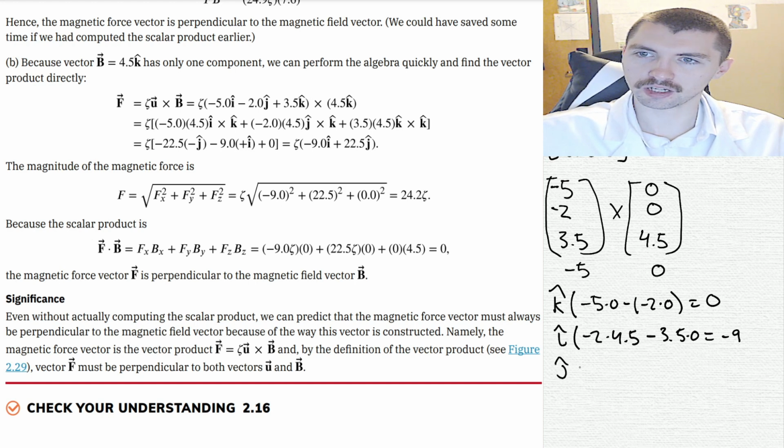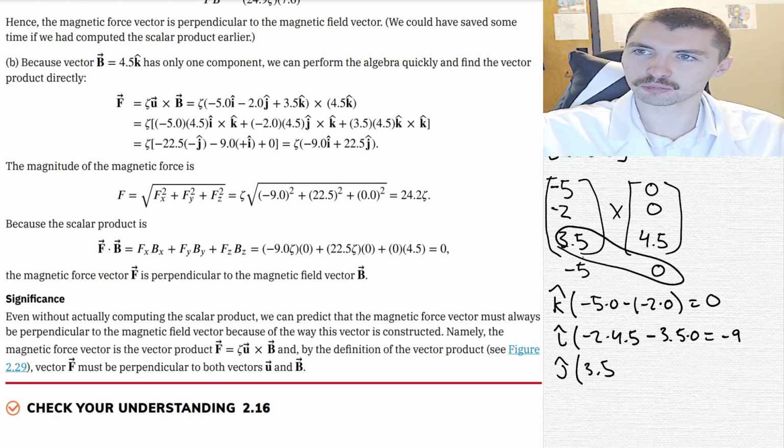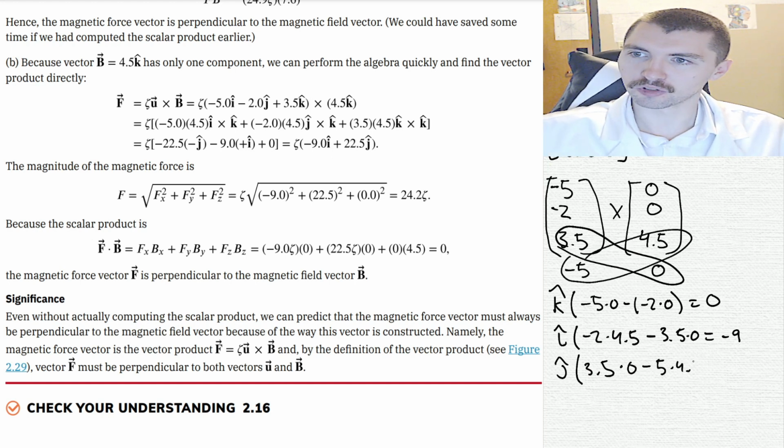And then J is going to be 3.5 times 0 minus 5 times 4.5, so 22.5.